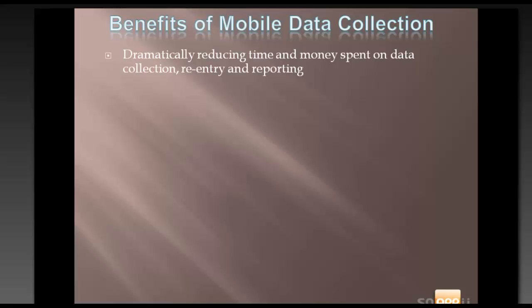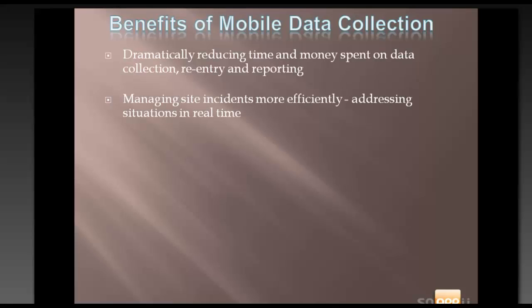The driver takes a picture of the inventory and keys in the data. The customer digitally, electronically signs off. The information is then immediately sent to the warehouse where an invoice is automatically generated, right? Saving the company a tremendous amount of time and really speeding up the invoicing process.